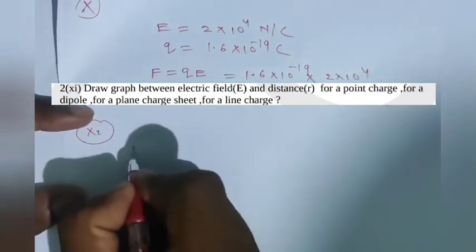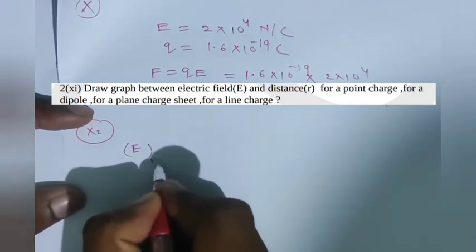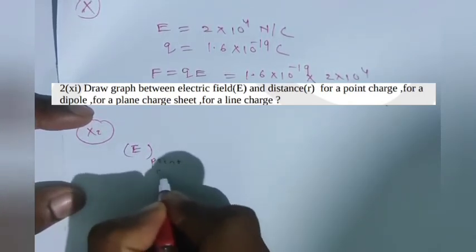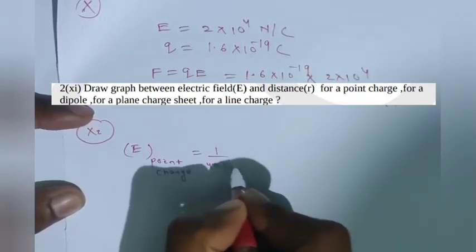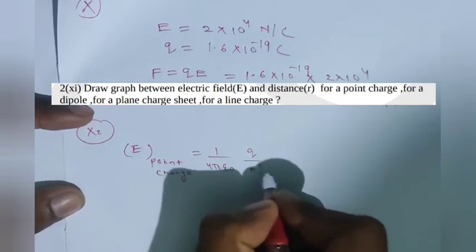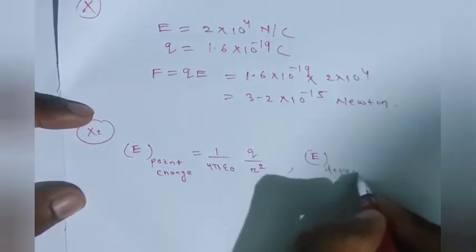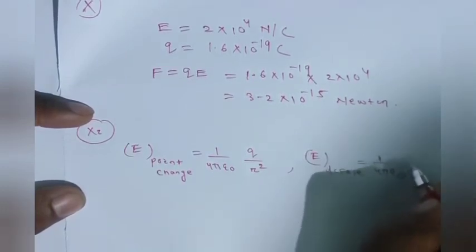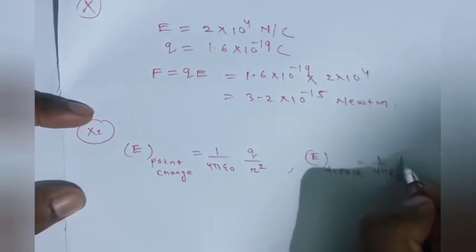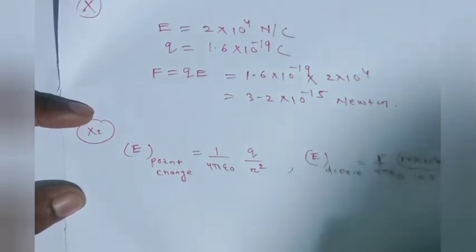For a point charge, the electric field is 1 by 4 pi epsilon into q by r square. And for a dipole, the electric field is 1 by 4 pi epsilon into p by r cube times the square root of 1 plus 3 cos square theta.